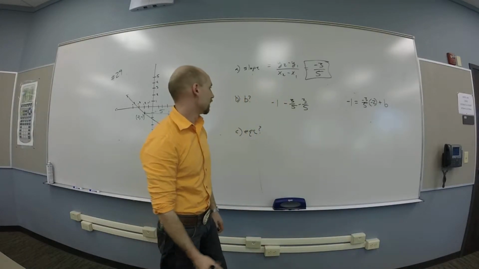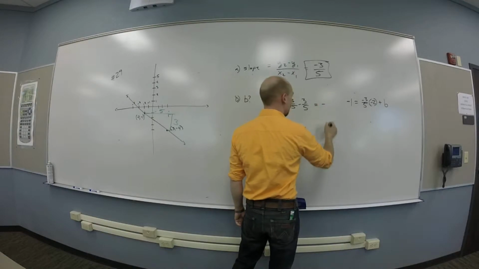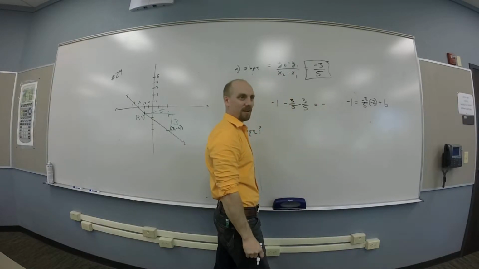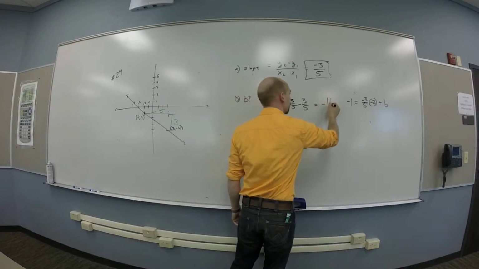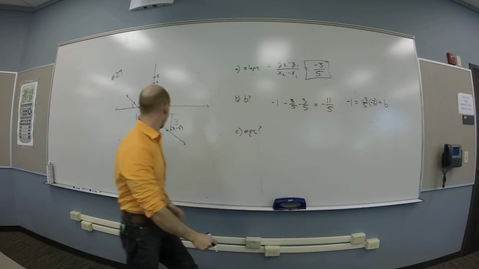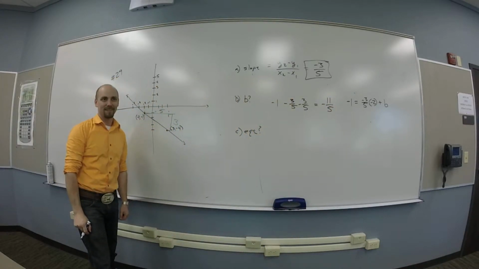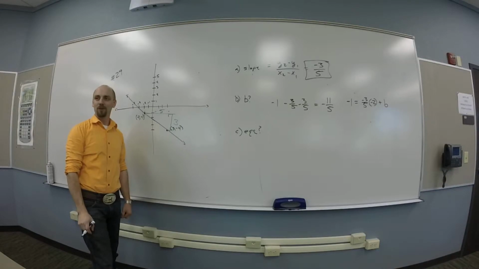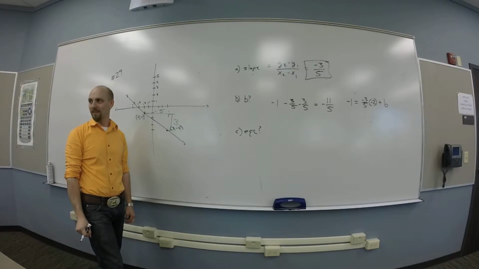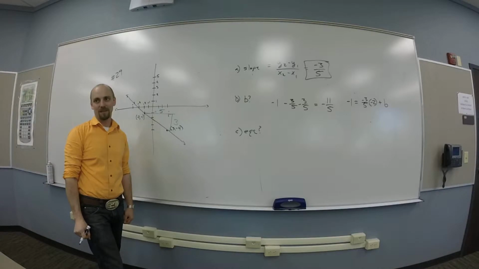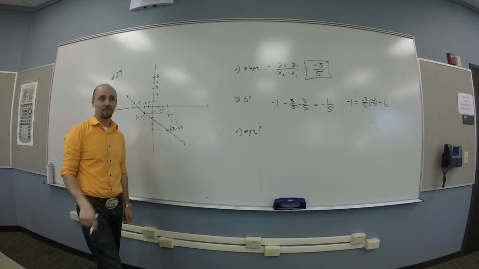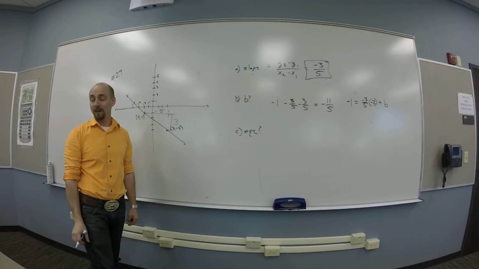So I got, all told, negative 11 fifths. And so is the tick slightly above the line? How's negative 2 compared to negative 11 fifths? Negative 11 fifths is just a little bit less. It's a fifth smaller than negative 2.